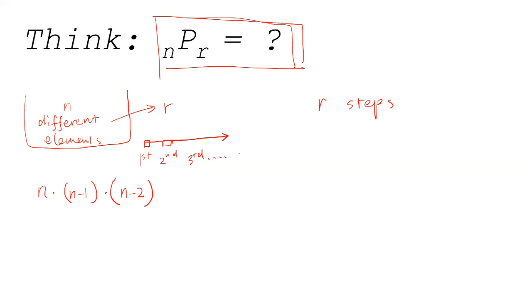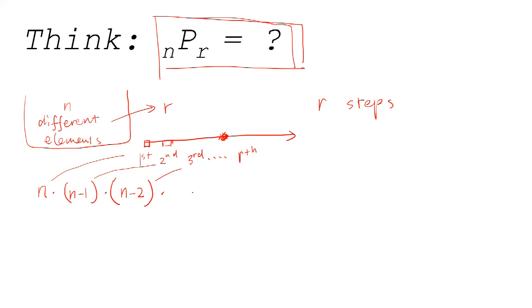Remember there are r steps, right? So how many different choices for the r-th step? Remember that for the first step you have n choices, second step n minus 1 choices, third step n minus 2 choices.